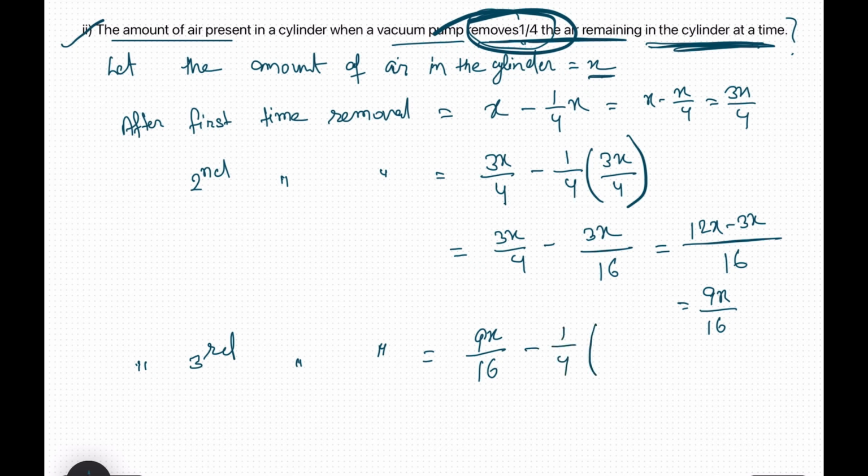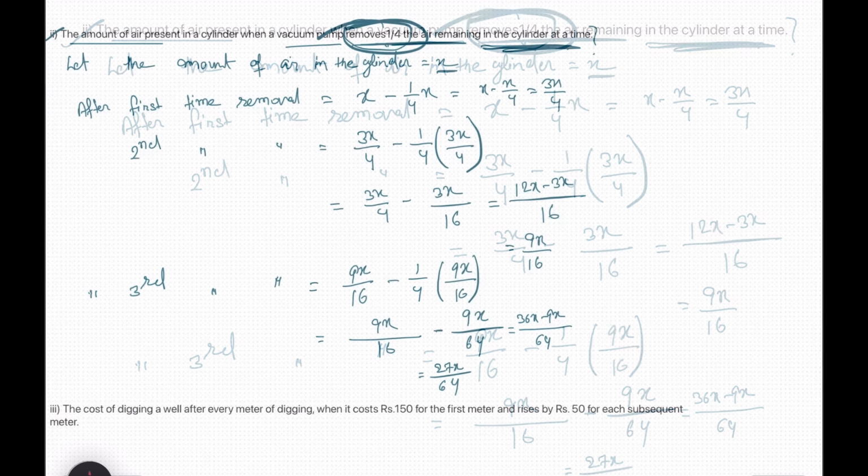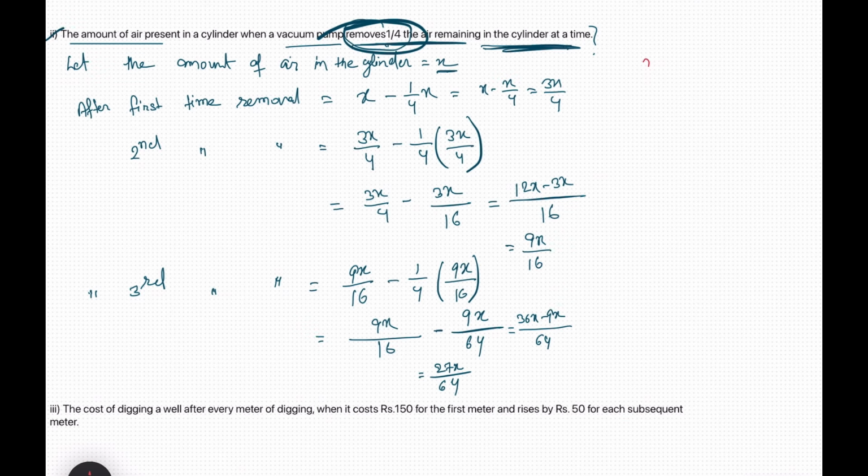So 9x by 16 minus 9x by 64. Take an LCM, so 64 is the LCM. So we multiply by 4. That is 36x minus 9x, which we can write as 27x divided by 64.